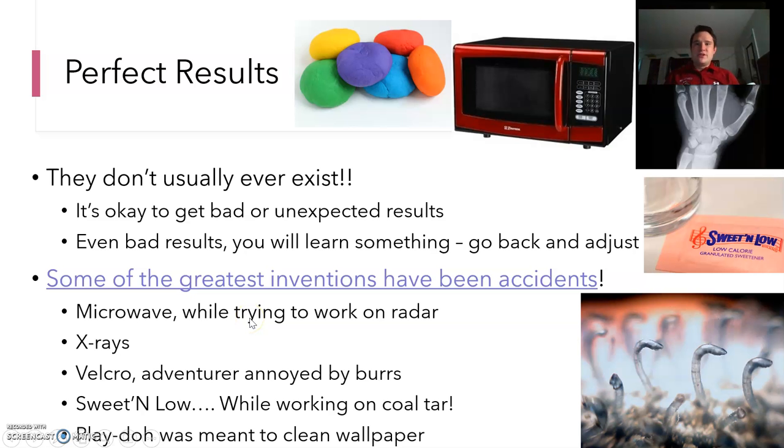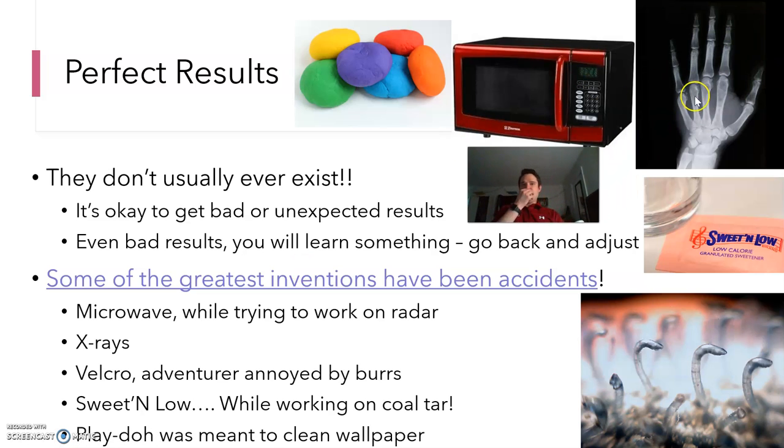Now, perfect results. They never usually exist. It's okay to get bad or unexpected results because sometimes bad results are the best results. Okay, I'm going to move my face down here so we can see this. All of these have been found by accident. Microwaves, they're found by trying to work on a radar. X-rays, once again, found in a way that was very, very accidental.